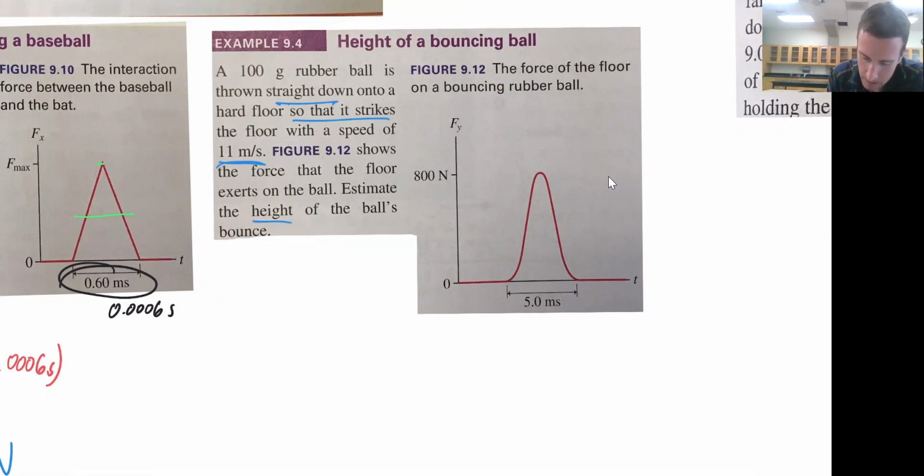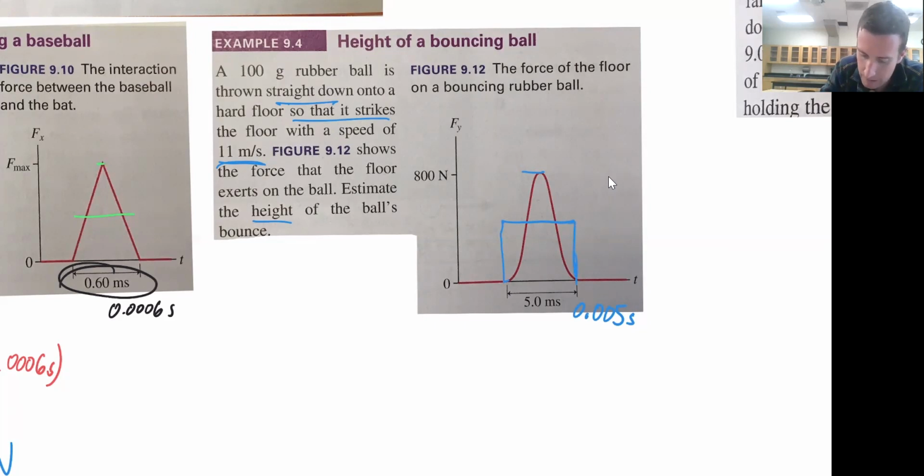Okay, so it appears to go 5 milliseconds of time touching the ground. That's equivalent to 0.005 seconds. The maximum force is 800 newtons, but to find the impulse, it's probably going to be like the halfway up, right?